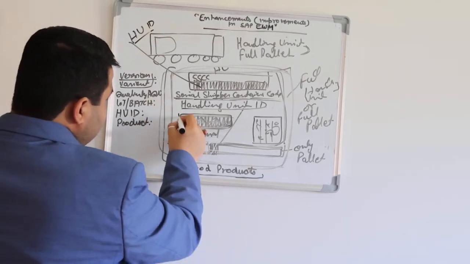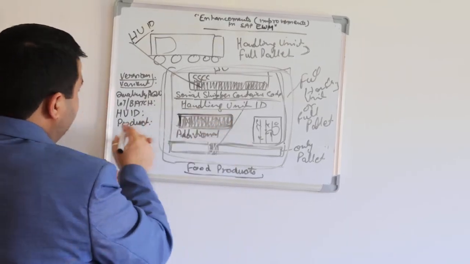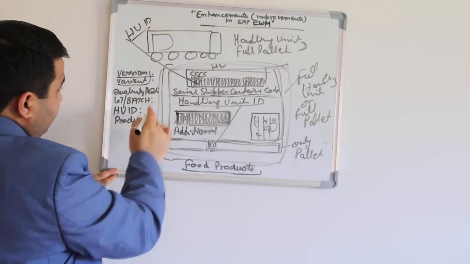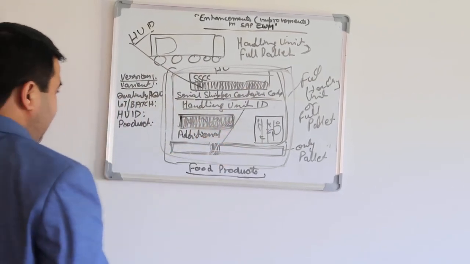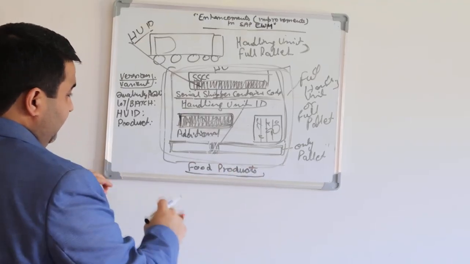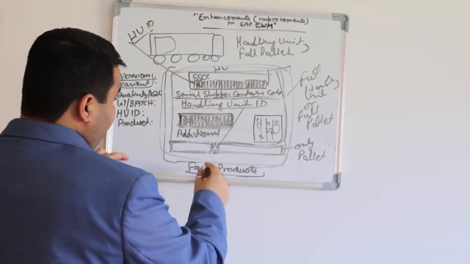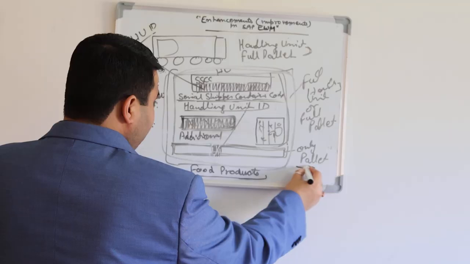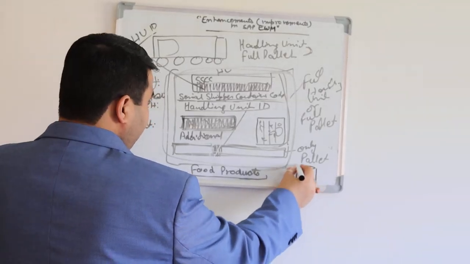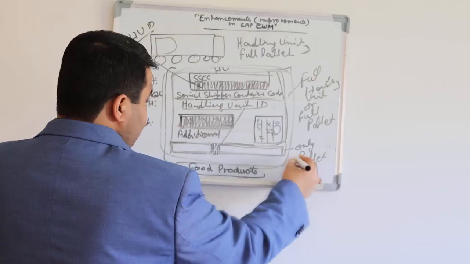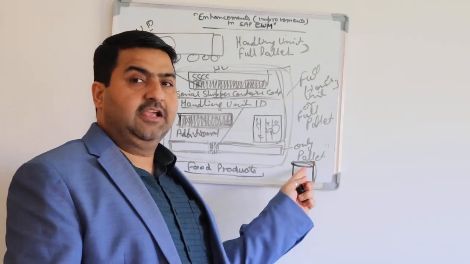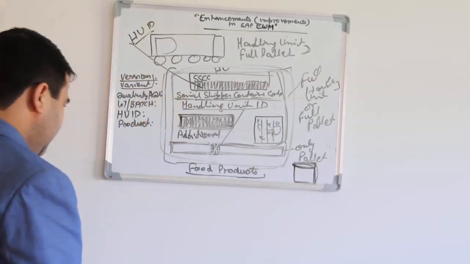For example, in this barcode we have additional information about the product inside the handling unit. Suppose we deal with some kind of food product, a packed canned product, packed in a steel can.